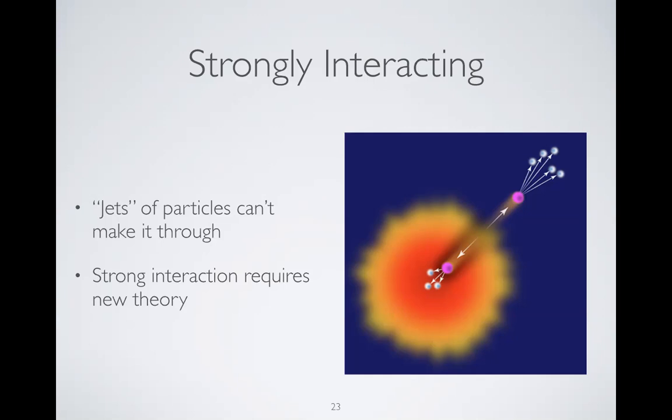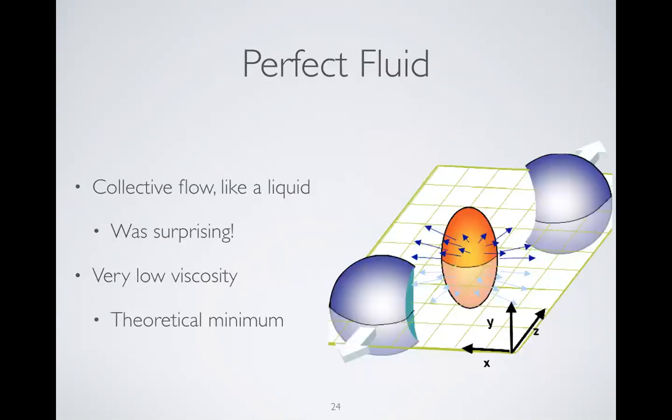That was the evidence. This is called jet suppression: we don't see that back-to-back jet, and that's the evidence that it's a strongly interacting medium. That tells us there's a strong interaction, so we're going to have to worry about confinement. It's not going to be easy, quote unquote easy, like the proton-proton collisions.